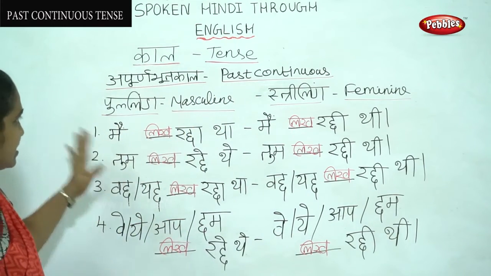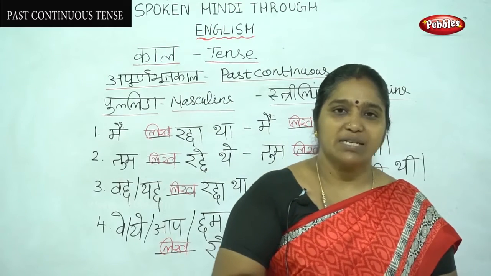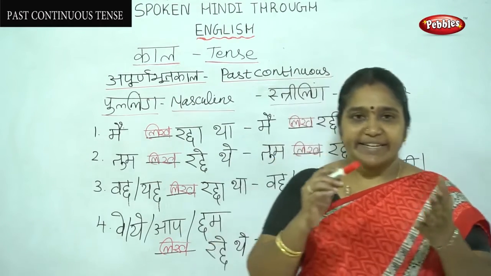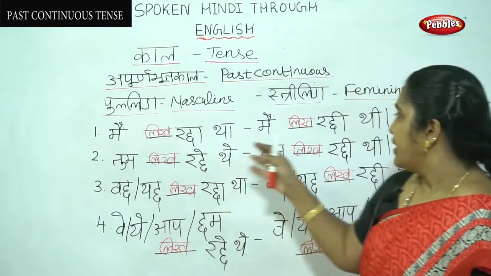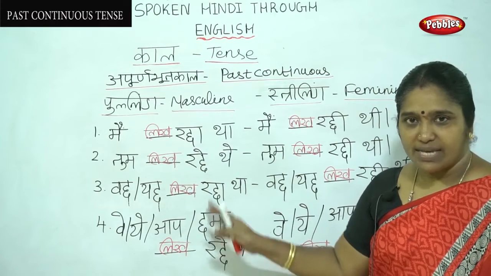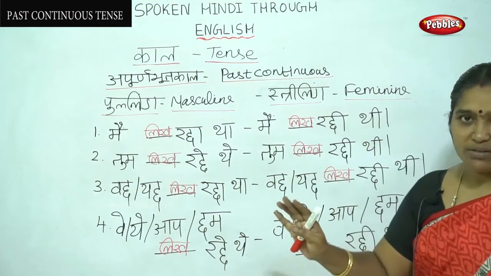Here we can see the apurna bhutkal. Apurna bhutkal means past continuous. Likewise, in the continuous tense, we have to put raha, rahe after the verb. Same as here also rahi, rahi, the same one.